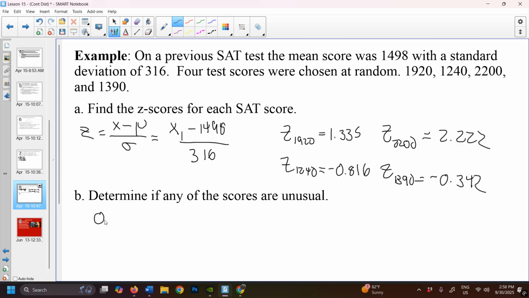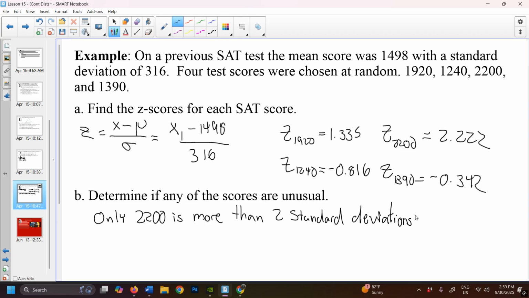So only 2200 is more than 2 standard deviations from the mean, so 2200 is unusual.